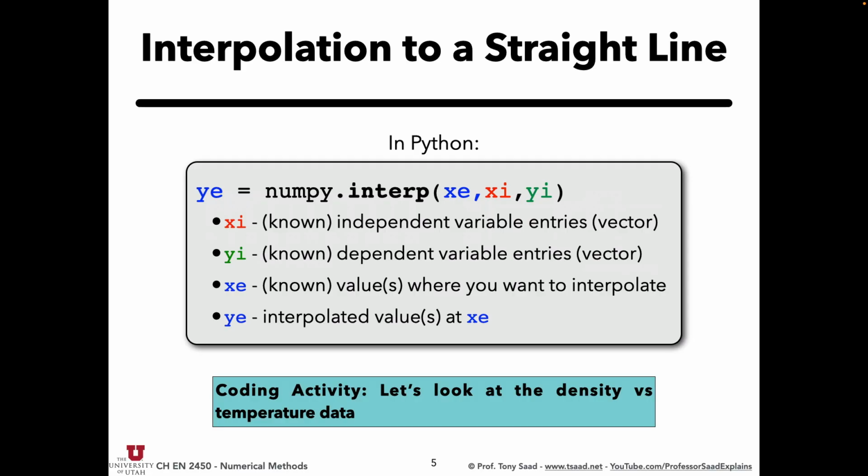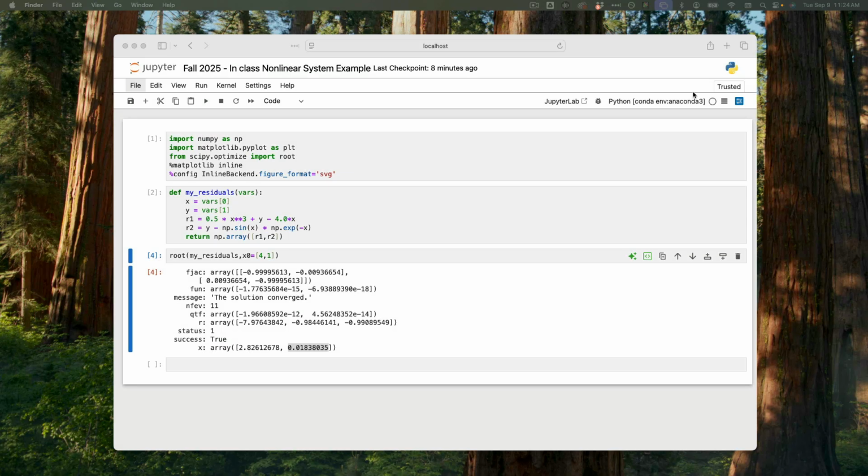So from that, grab the data file called interpolation temp density data.txt. Just a simple text file. We're going to import that into Python and work with those data.